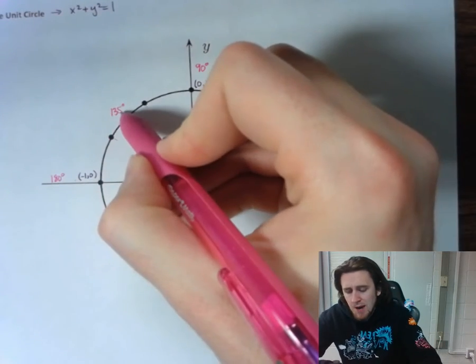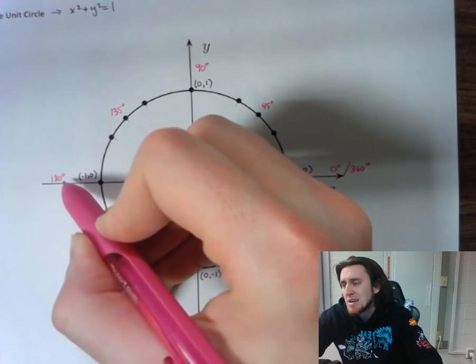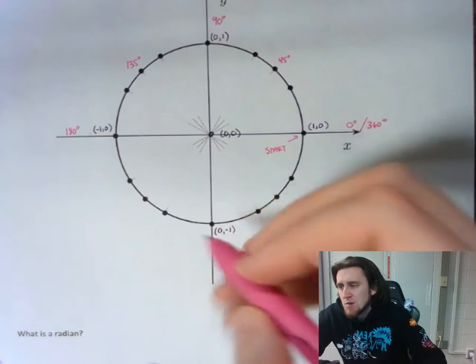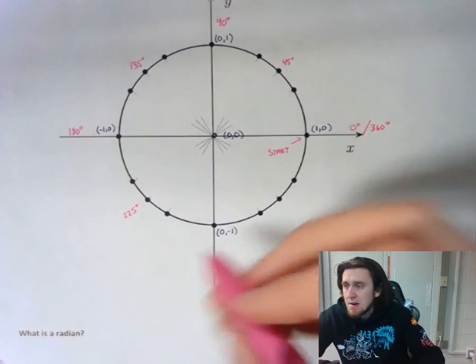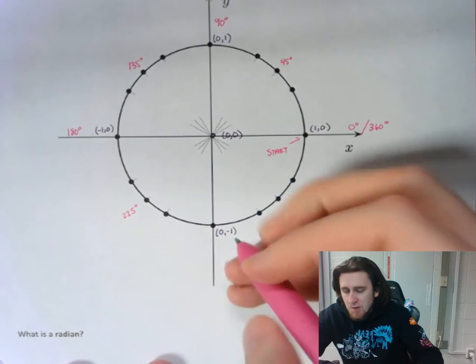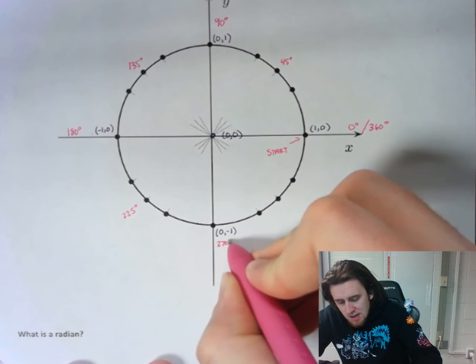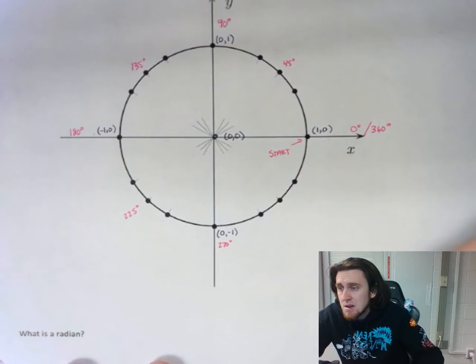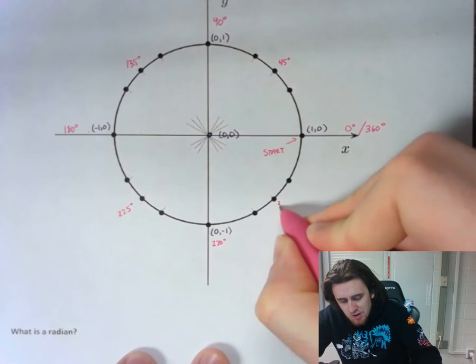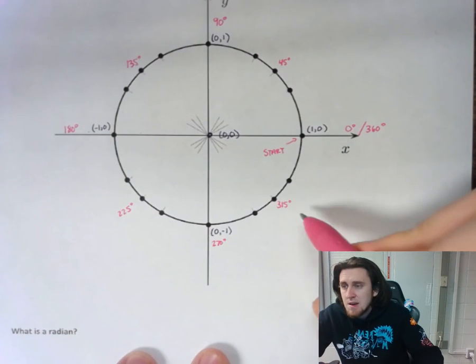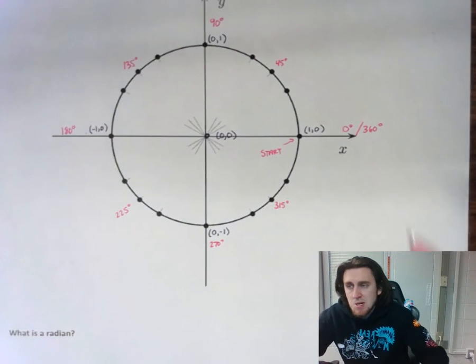If I add 45 to 135, we get 180. If I add 45 to 180, we get 225. If I add 45 again, we get 270. That'd be here. And then if I add 45 to 270, we get 315. And if we add 45 again, we get 360.